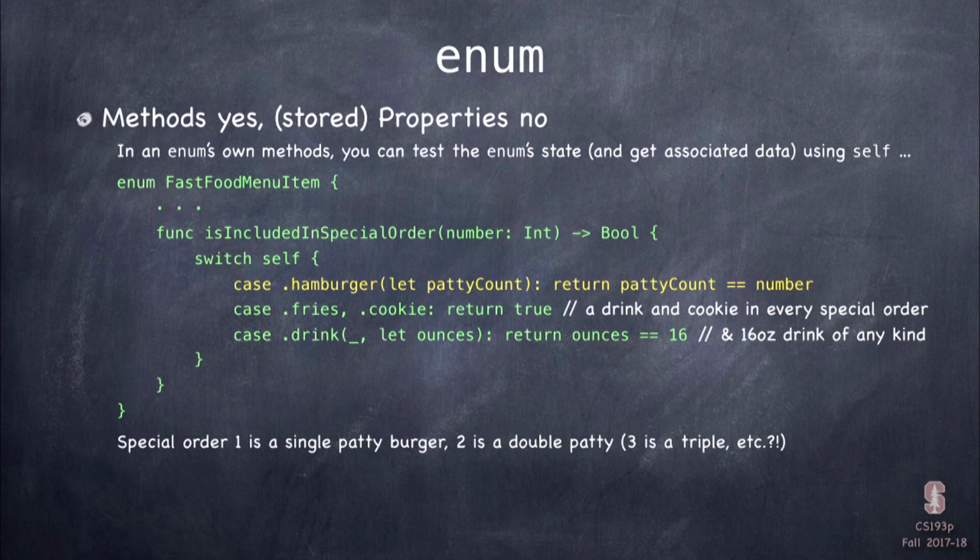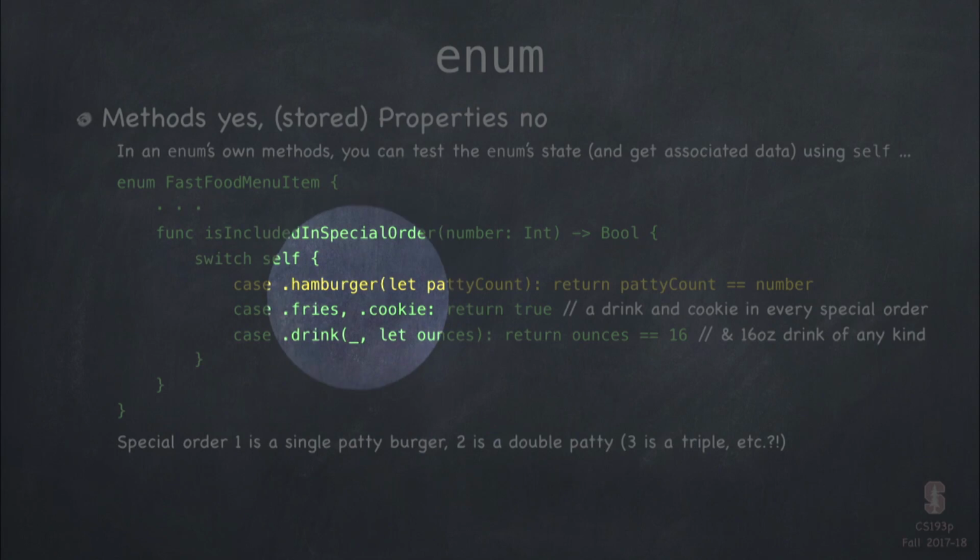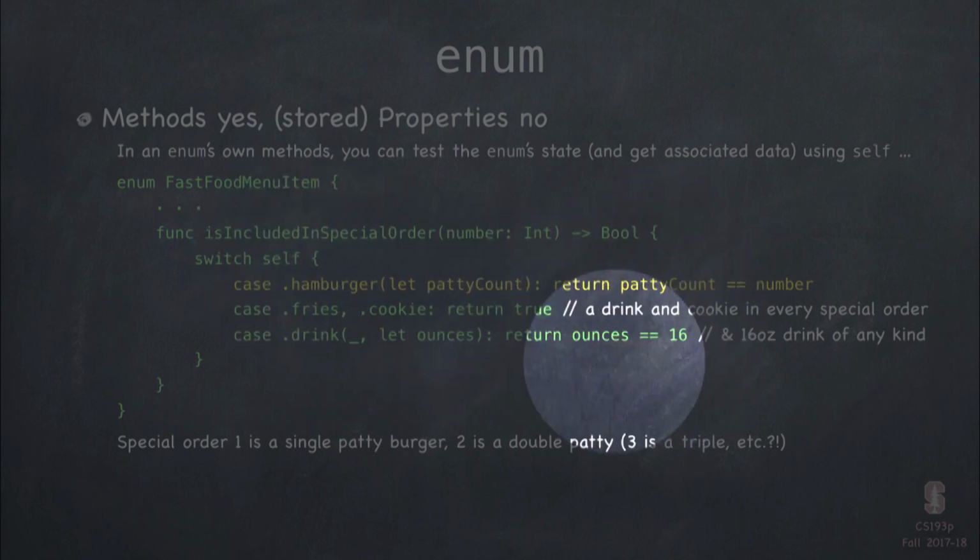Now there's some other interesting things to look at in this code. Notice that fries and cookie right there, right in the middle, I combined them into one case, which is allowed. You can, with commas, have multiple going on there. Also notice in drink, I'm getting the number of ounces in a drink, but evidently in a special order, you can have any drink that's 16 ounces.